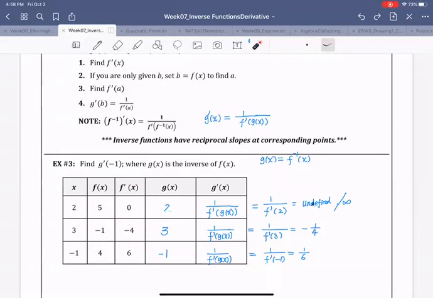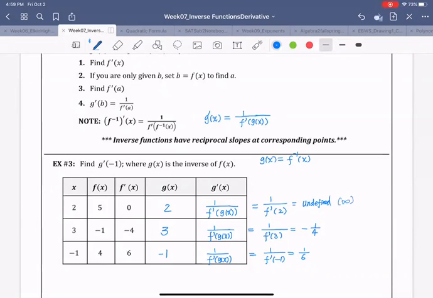Then I can do f prime of 2. f prime of 2 is 0. So it's 1 over 0, which is undefined, or you can say infinity.